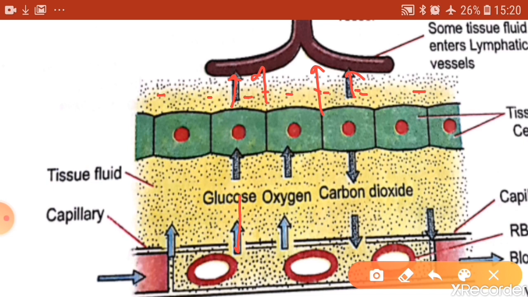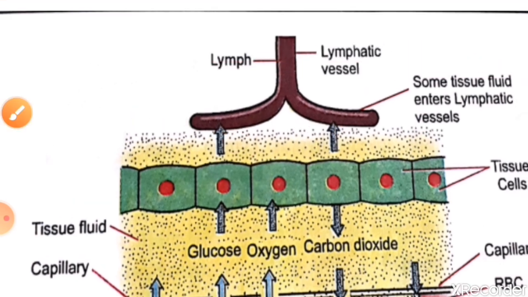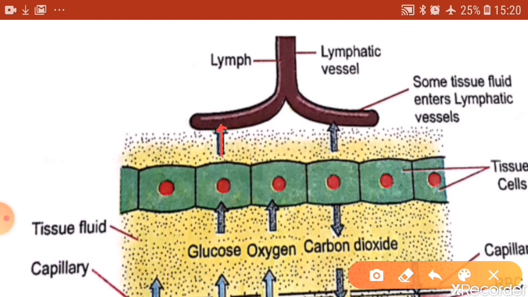The reason is that the pores in the lymph capillaries are a bit larger than that of the blood capillary, and the moment this fluid, that is the tissue fluid, goes into the lymph capillary, it is referred to as lymph. That is why I said that lymph is a fluid connective tissue having the same composition as the blood plasma, but it lacks certain plasma proteins.